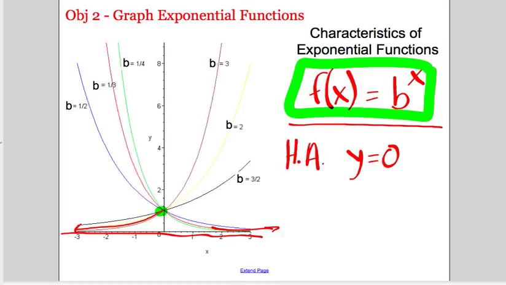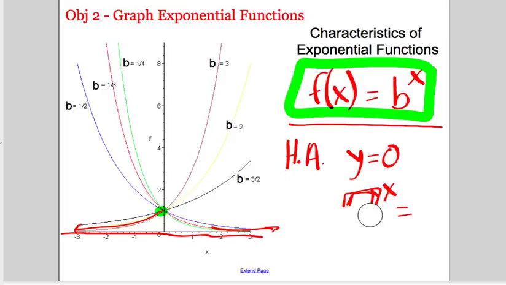It could be an integer, a fraction, a rational number, any positive real number, and it's taken to a power. Whenever we take a positive number to a power, we'll always get something positive, and we'll always get something non-zero, because you'll never make that value 0. So your horizontal asymptote is at 0 no matter what your b value is.